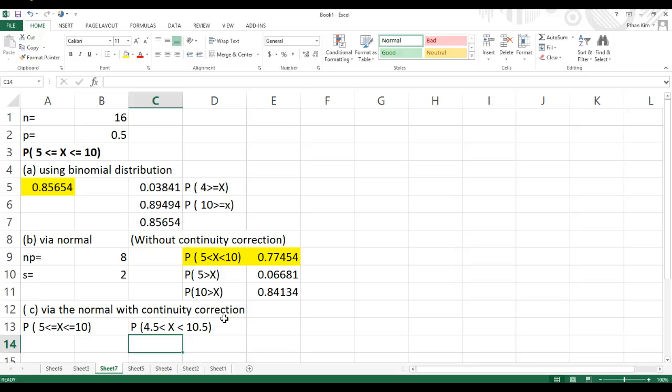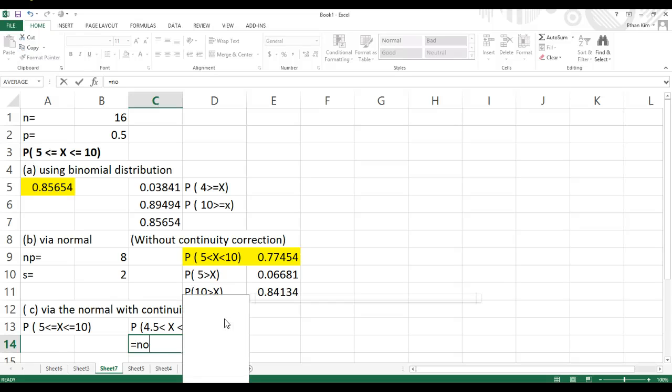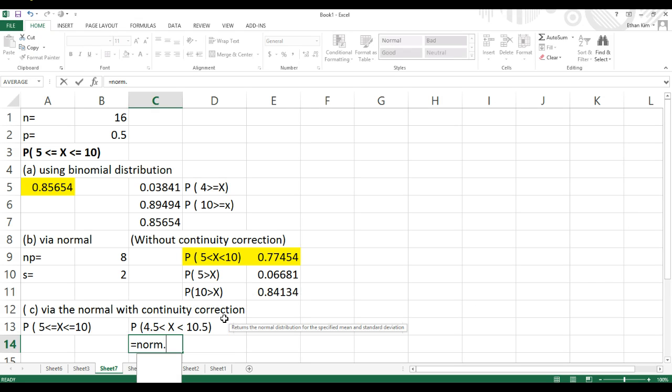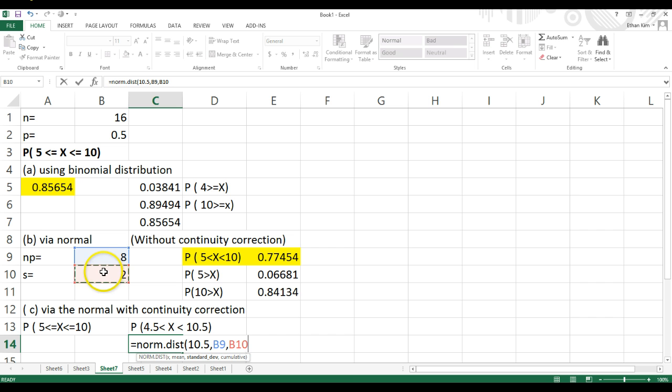So doing this, we're going to combine this time, so it's going to be norm.dist. We're going to do the 10.5 side first, so that's going to be 10.5. Mean is 8. Standard deviation is 2. True. And then we have to subtract the 4.5 part. So norm.dist again.